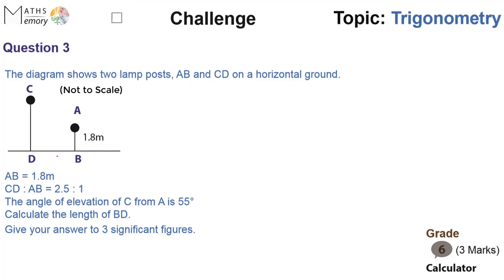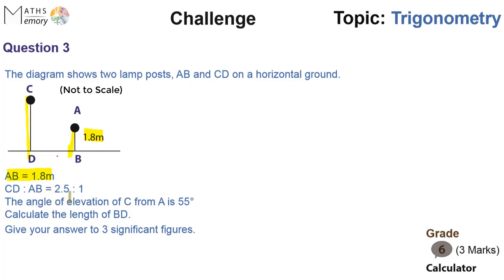The diagram shows 2 lampposts, AB and CD, on a horizontal ground. Here we have AB, here we have CD. AB equals 1.8, we can see that from over here. The ratio of CD to AB is 2.5 to 1, which means CD will be 2.5 times the length of AB. It's a ratio or scale factor.